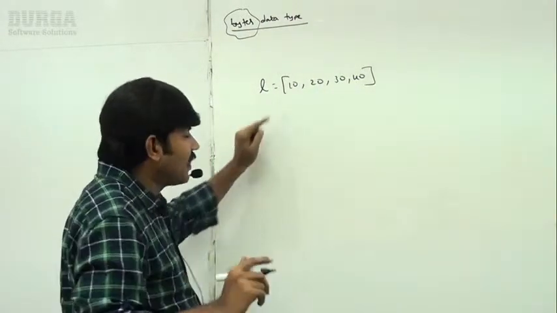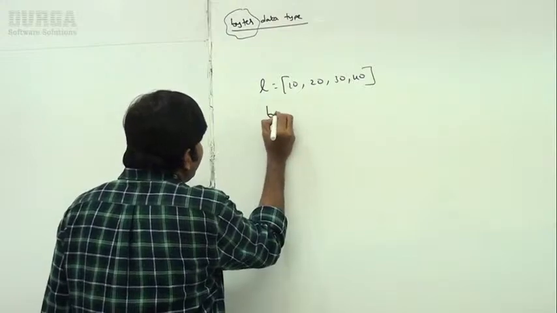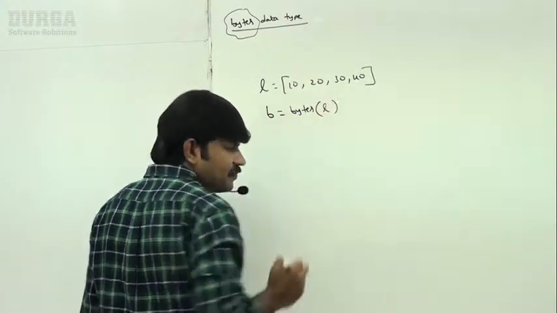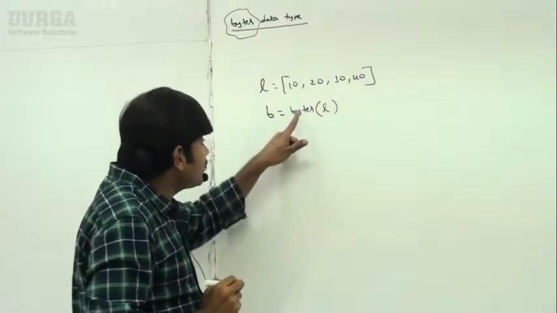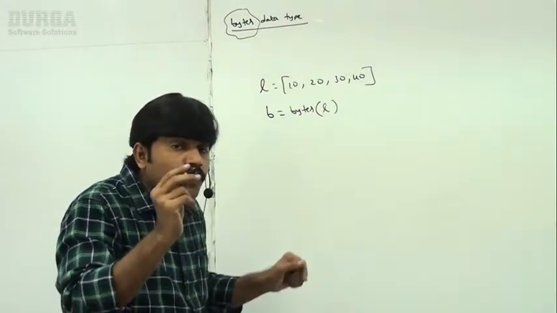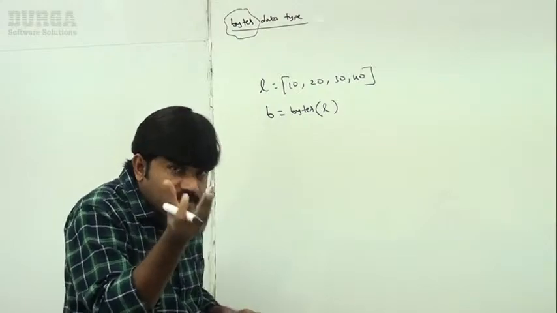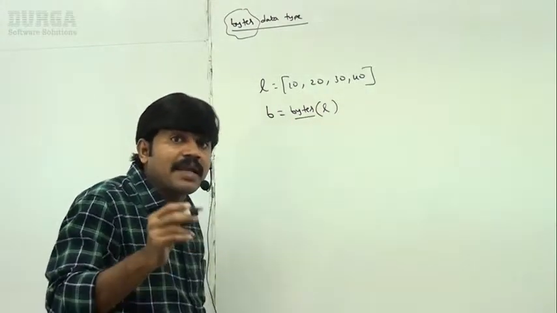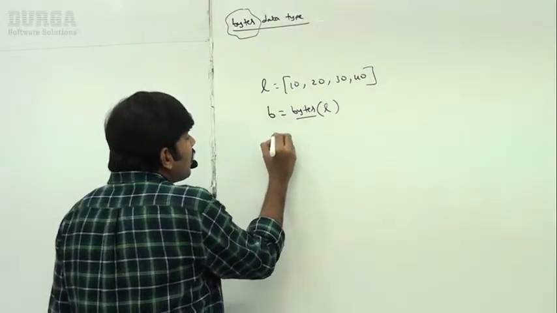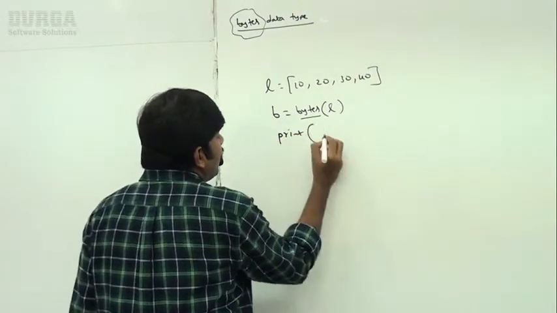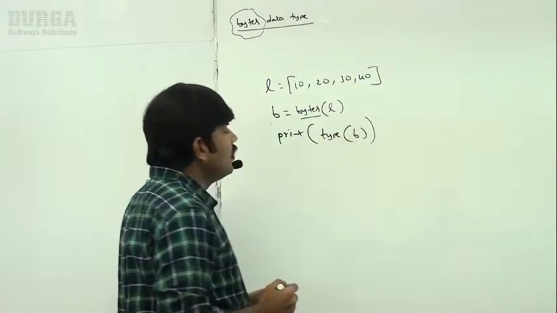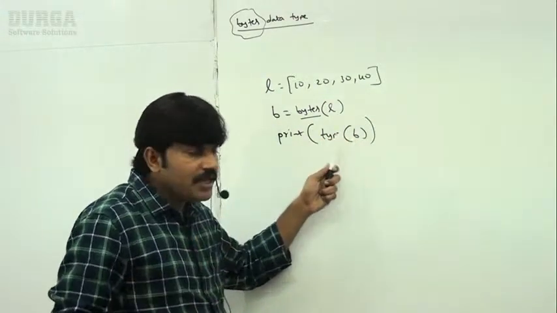Now B is equal to bytes of L. If you want to create a bytes object, you have to call an inbuilt function, bytes of L. Now print of type of B.